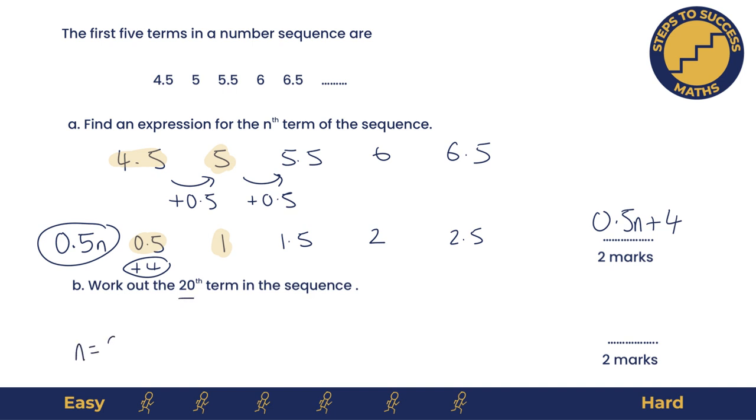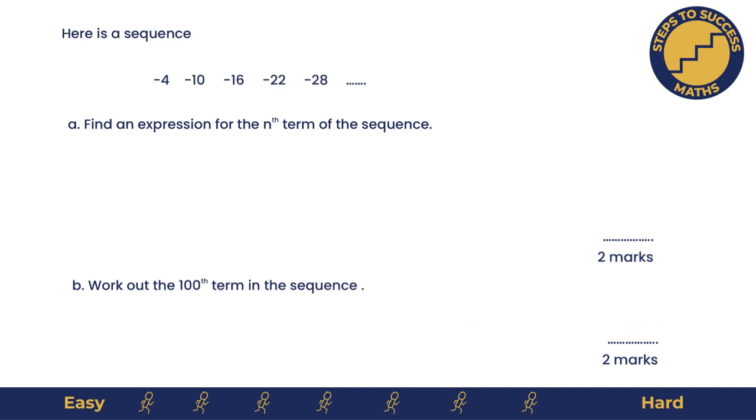So when n equals 20, 0.5n plus 4. 0.5 times 20 plus 4. 0.5 times 20, or half of 20, is 10, and add on 4. So that's 14.